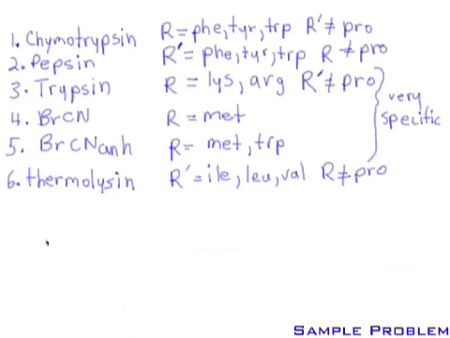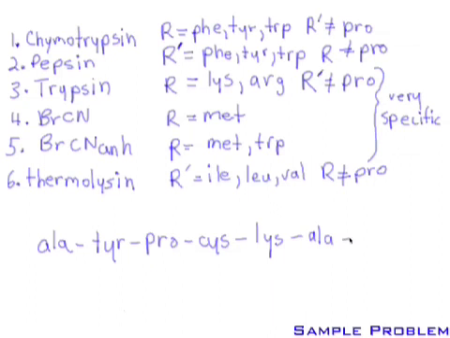So let's say I've got alanine, tyrosine, proline, cysteine, lysine, another alanine, proline, and arginine.